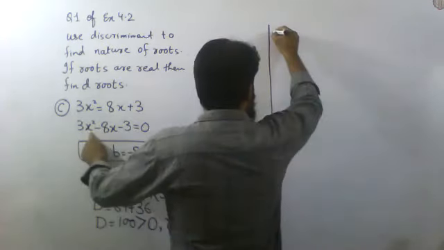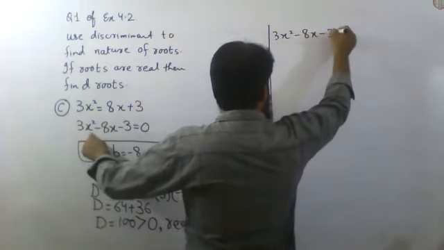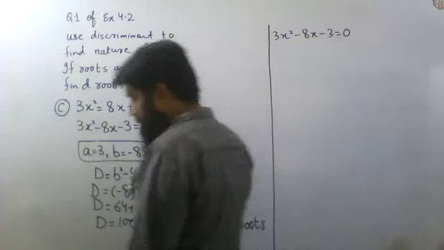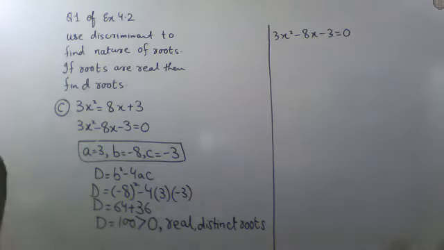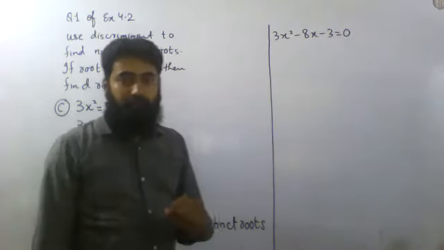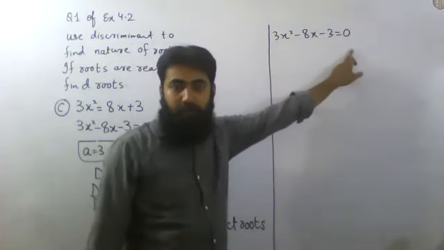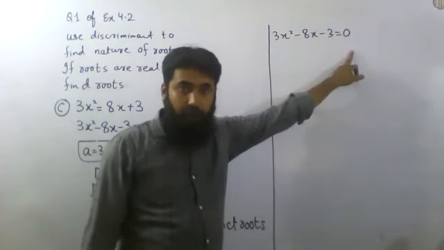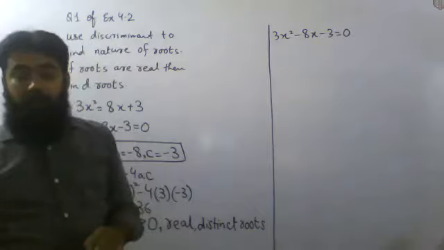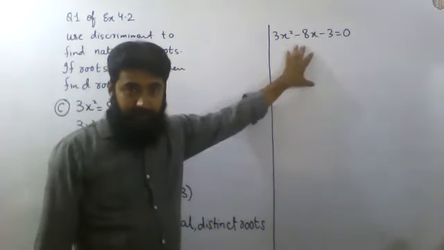So 3x square minus 8x minus 3 equals to 0. Now, what I am going to do over here, I have to get the value of x.